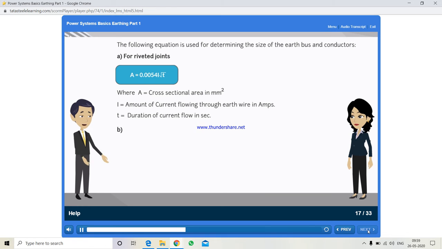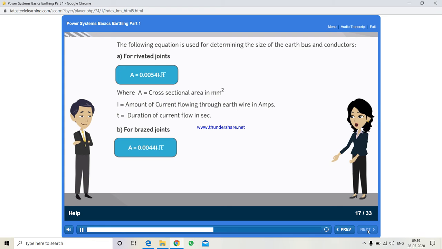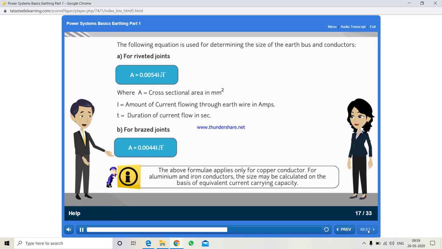Similarly, the formula for brazed joints is A is equal to 0.0044 I root T. Is this formula applicable to all types of conductors? No. Here it is important to note that the above formula applies only to copper conductors. For aluminium and iron conductors, the size may be calculated on the basis of equivalent current carrying capacity.